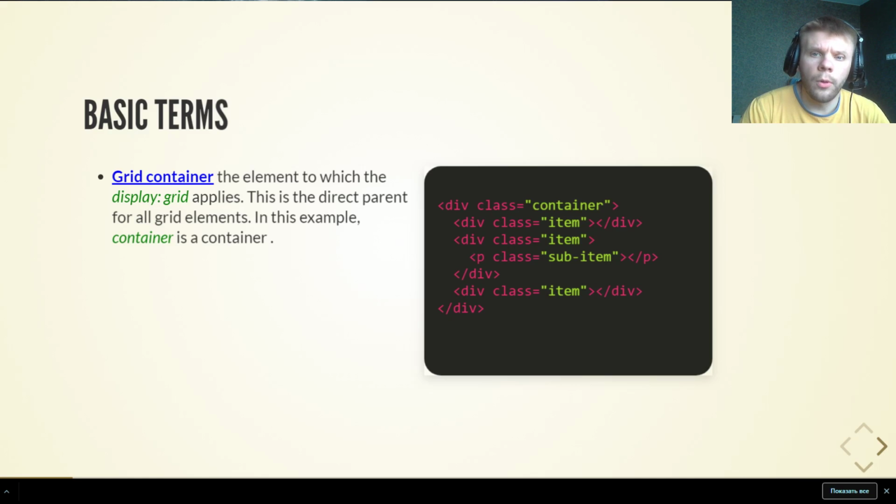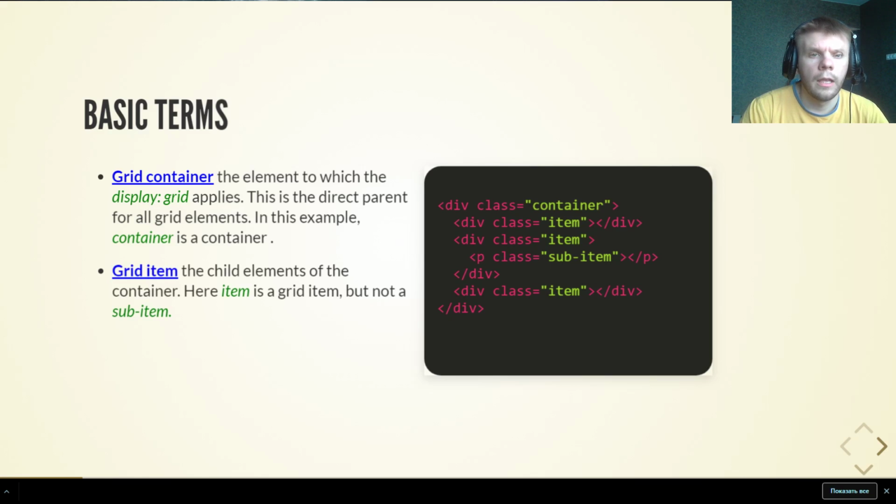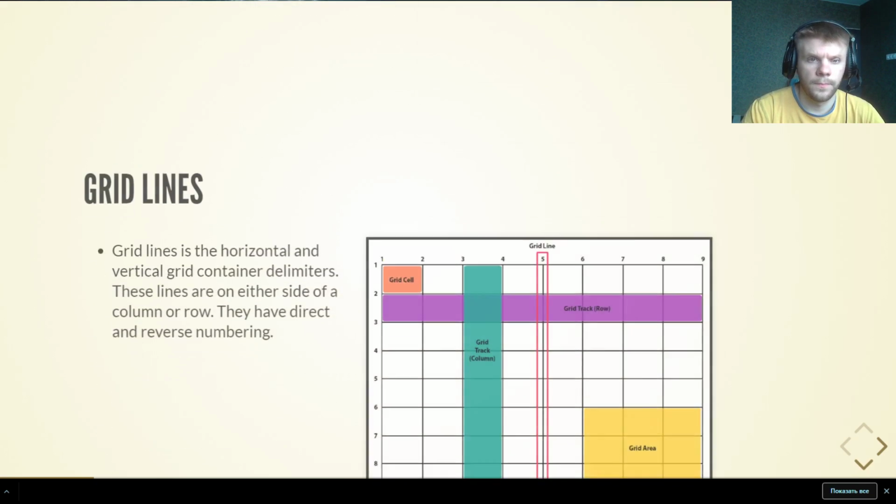In this example, container is a container. Grid item, the child element of container. Here item is a grid item, but not a sub item. Sub item, the child of the grid item, and it does not inherit the grid.